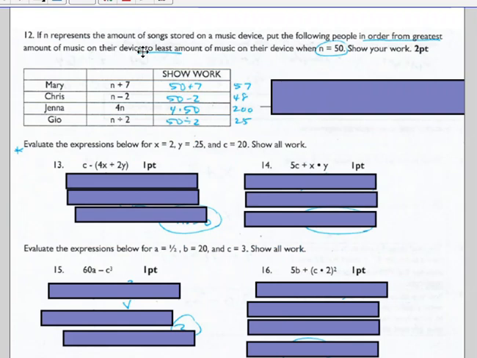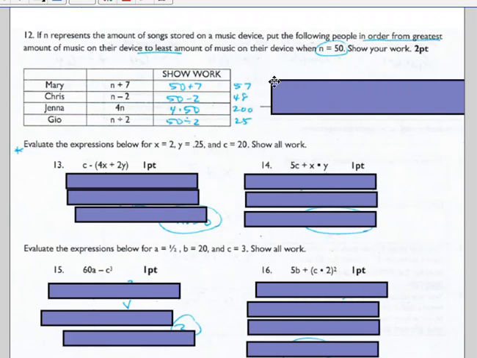In the next section here, number 12, you had to figure out how many songs each person had on their music device. They gave you the value of n right here when n equals 50. So you plug in 50 for n each time, and then you worked it out. And you find out that really Jenna had a whole bunch of music. The rest had some music. Mary had the next highest amount, and so on.